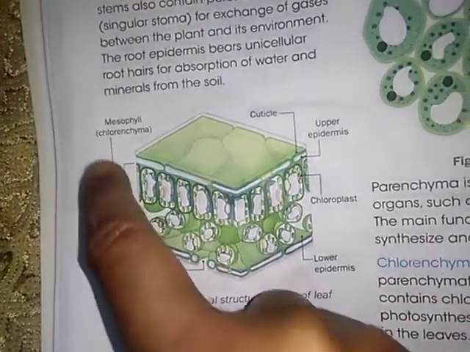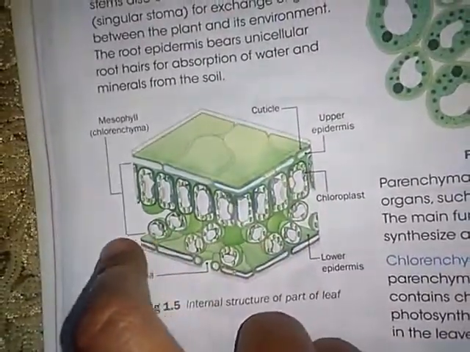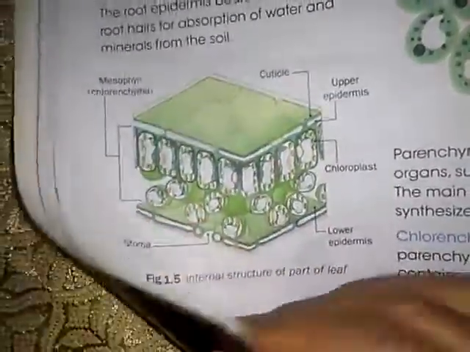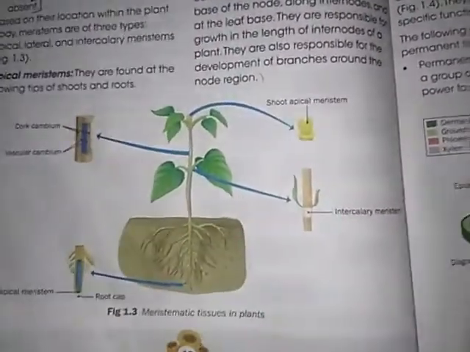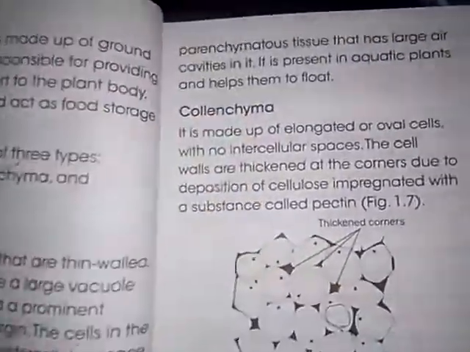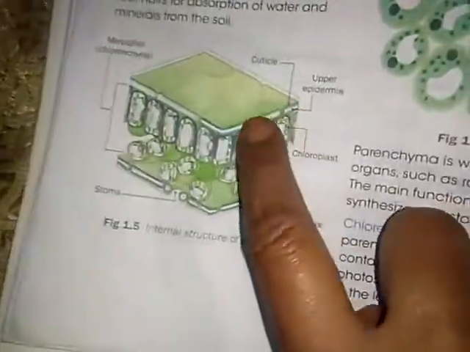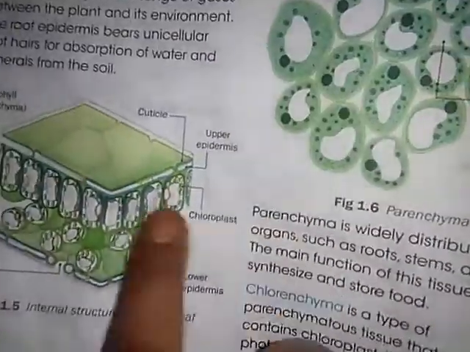The outer layer of the plant body is covered by epidermis. And then collenchyma tissue, where is it present? Below the epidermis.